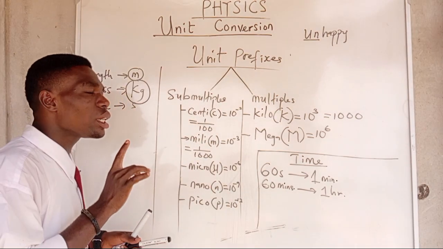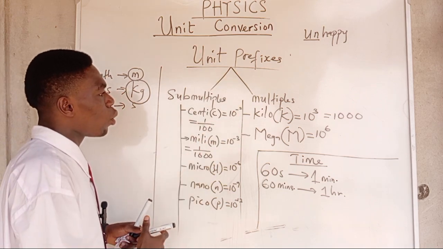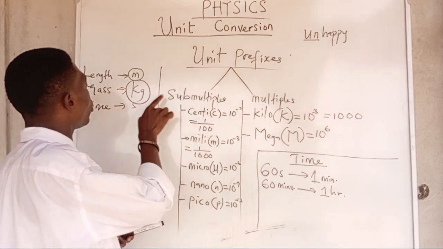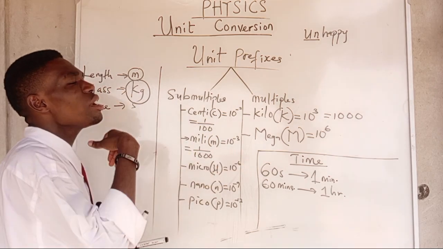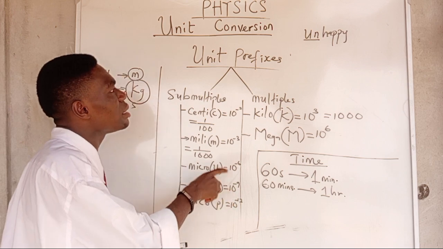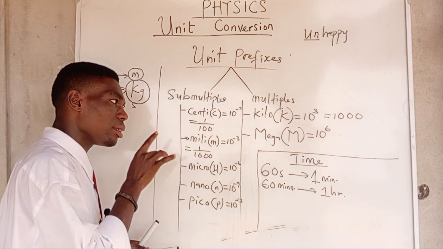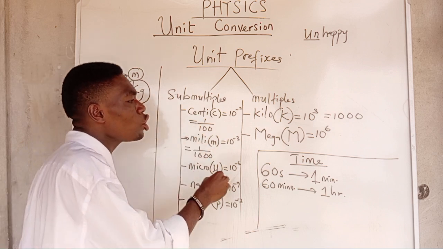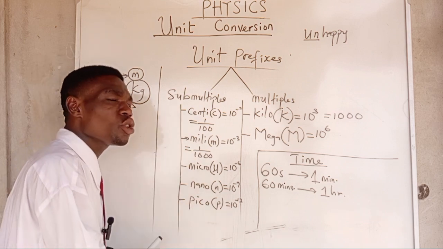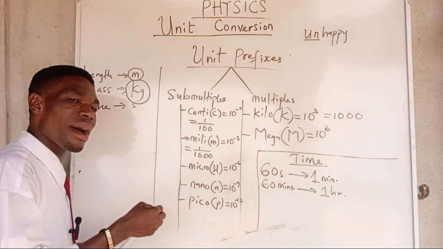Now, one thing I would like to let you know is that these unit prefixes can be used for any quantity. What I mean, centi can go with length. Centi can also go with mass. Centi can go with any other quantity. So these are just prefixes. These are not quantities. Yes, unit prefixes are not units. Are we together? They are just letters that come before a particular unit. So you don't treat them as units, but you treat them as prefixes.